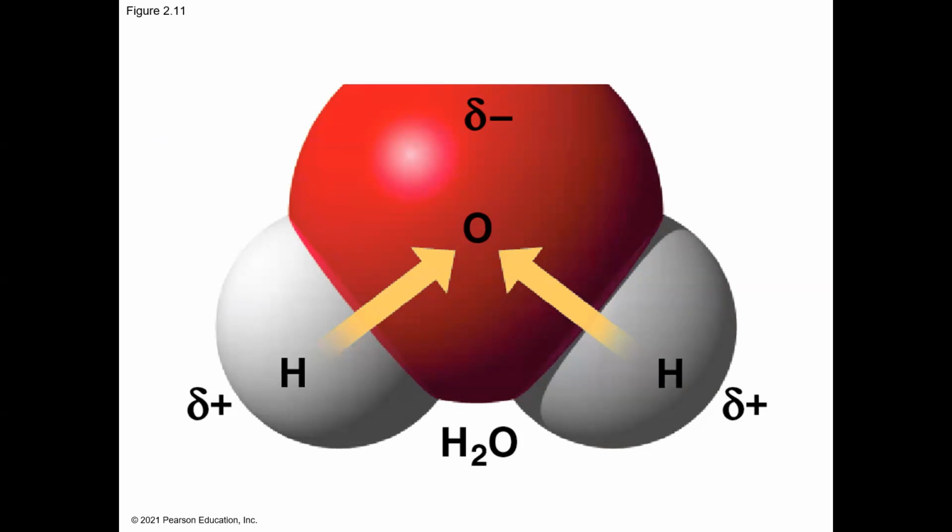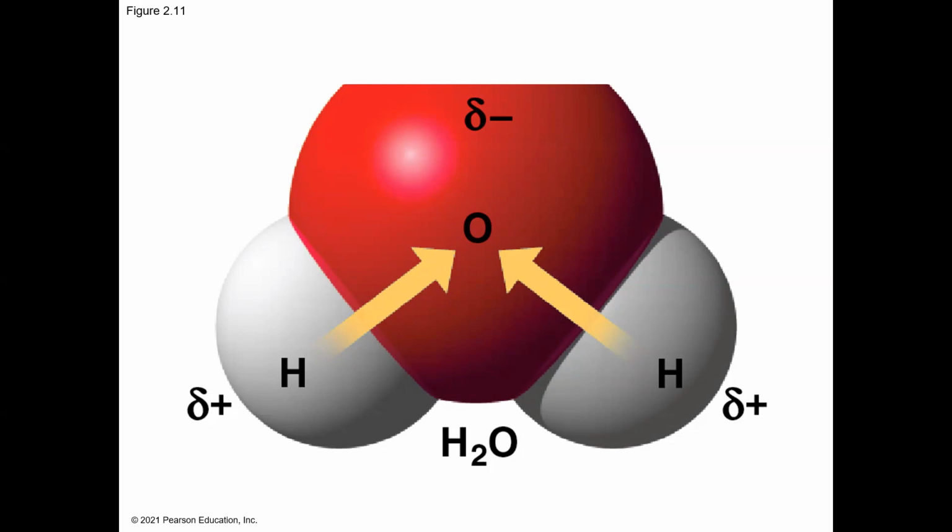And because water is a polar covalent bonded molecule, it helps create some of the characteristics that are unique to water and why water is so important for biological molecules.